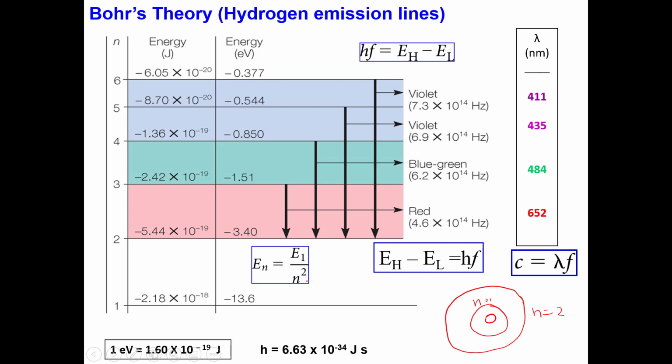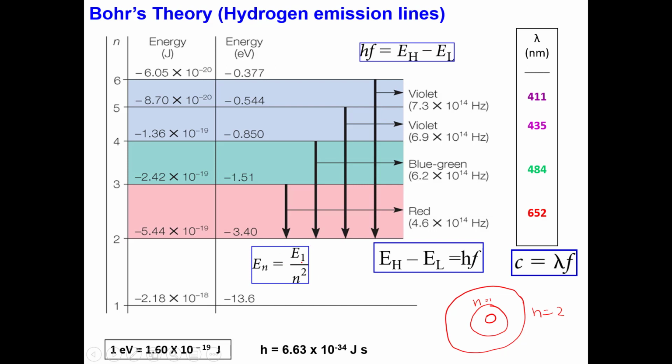Now we have this equation. Usually in our problems we have the value of the energy of the first orbit, also called the fundamental or lowest orbit, n equal 1. If we know this value, we are able to calculate the energy for any other orbit just using this equation.